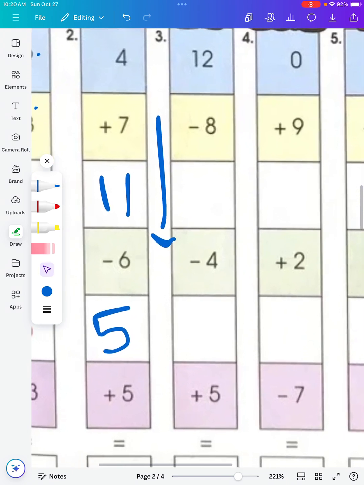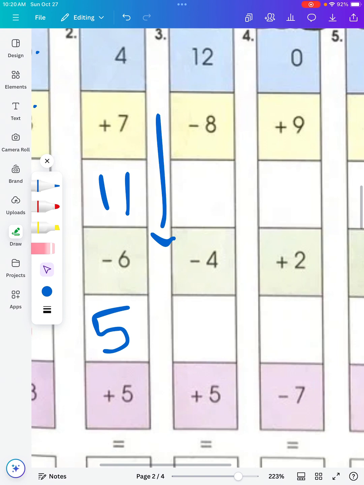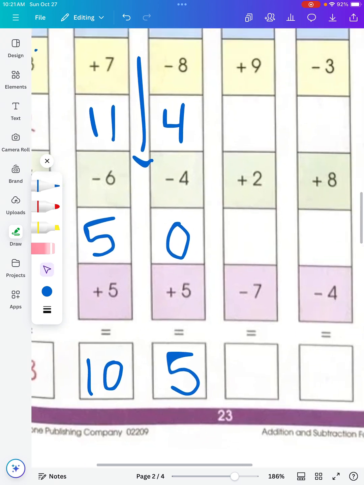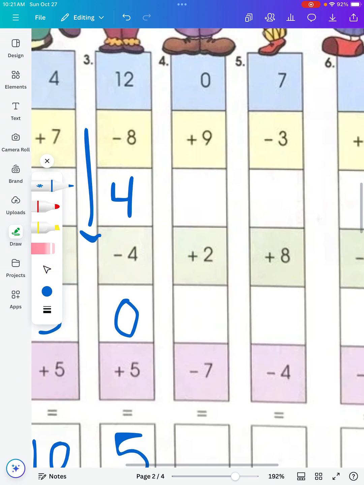Okay, question 3. 12 minus 8 equals 4, and 4 minus 4 equals 0, and 0 plus 5 equals 5. So that's our final answer. 0 plus 9 equals 9.